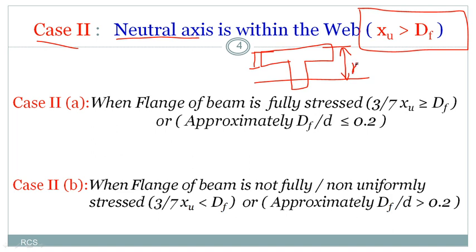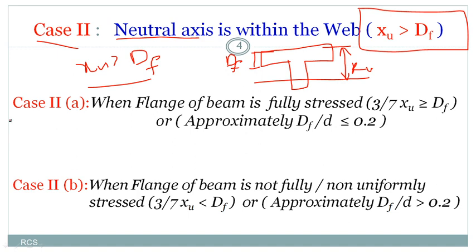If you see this figure, our XU falls in the web region and this is DF. If you compare these two, our XU is greater than this DF value. So I can say that our neutral axis falls in the web region.